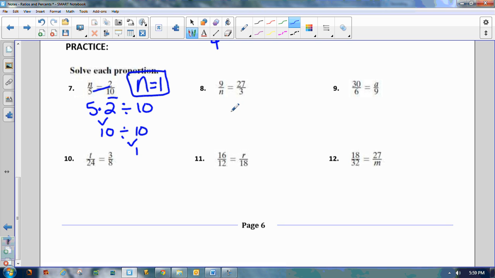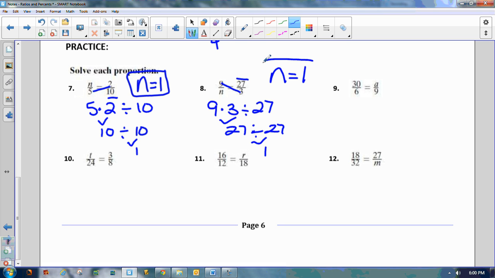Here on number 8, I'm going to cross multiply 9 and 3. Those are the values I know. So 9 times 3, I know those two, and I'm going to divide it by what's opposite. So this 27 here is opposite the variable. 9 times 3 is 27. Divided by 27 gives us 1. So here n equals 1. And then that is what I'm going to box.